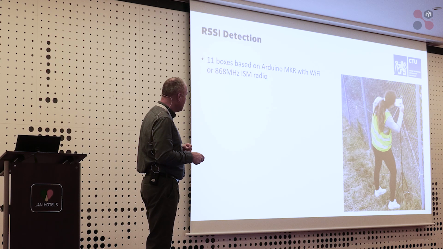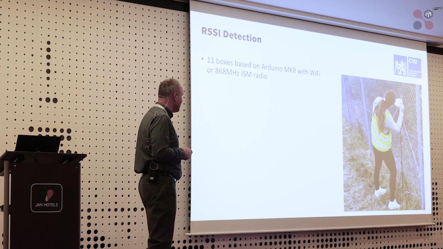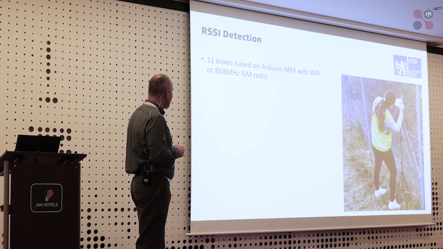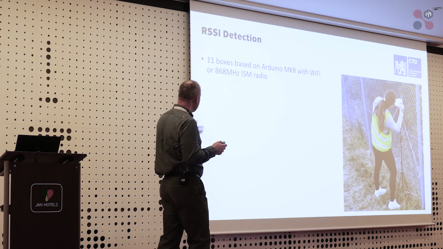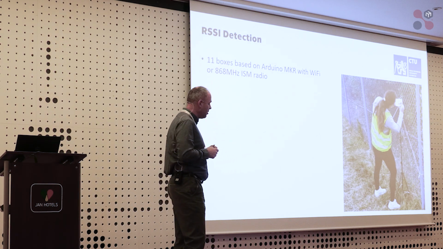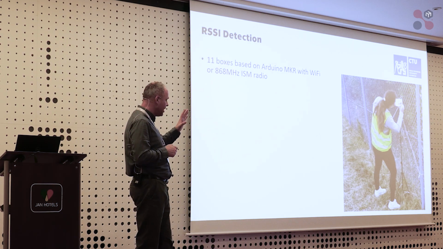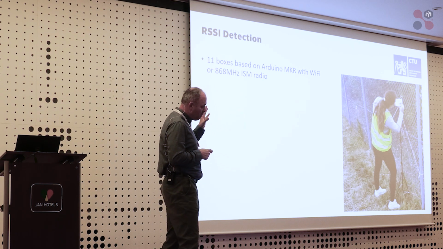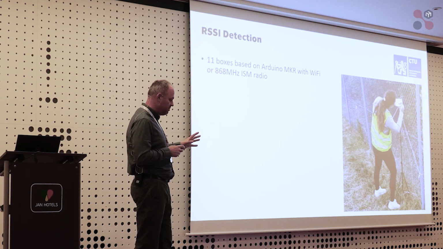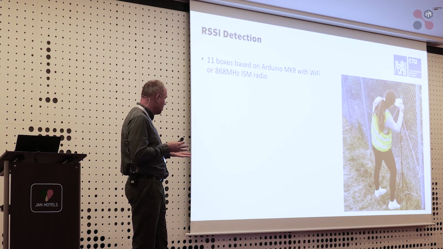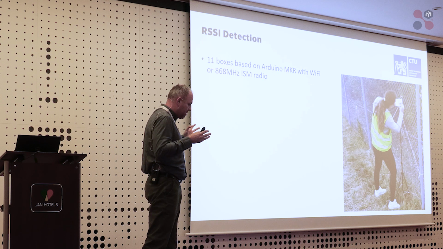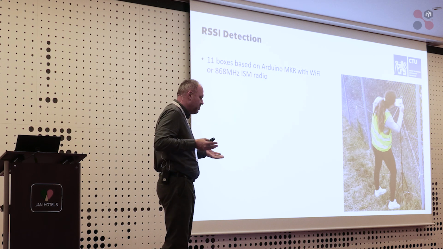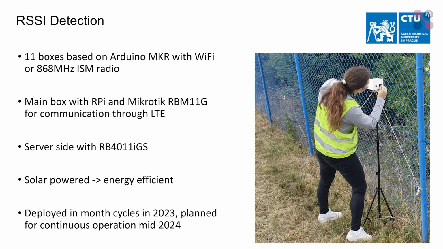So there is one of my colleagues installing the first version. The boxes communicate with each other on 868 or using Wi-Fi. They are very simple devices built on Arduino MKR because of the initial cost, and I also like them because they are cheap and quite powerful, and due to the power requirements.